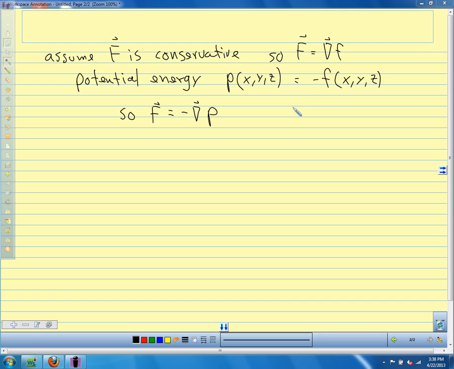Our work, the work done by this conservative force field moving our particle from A to B, we're assuming that F is conservative.